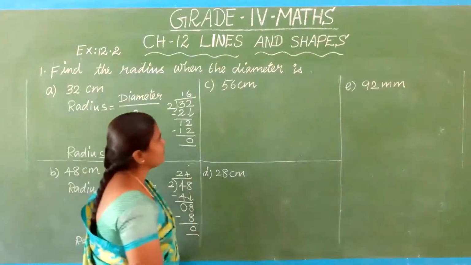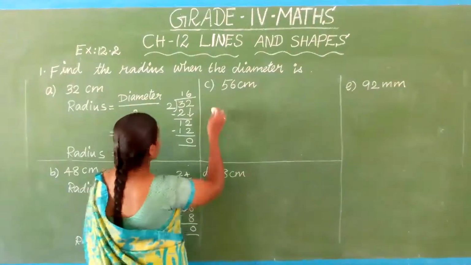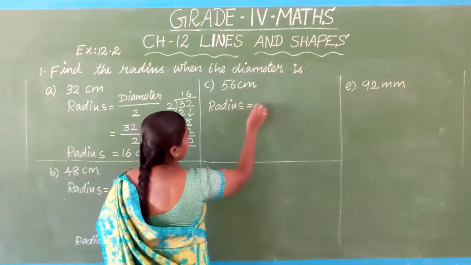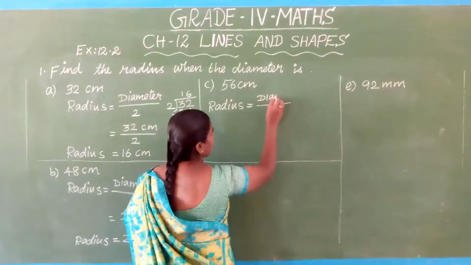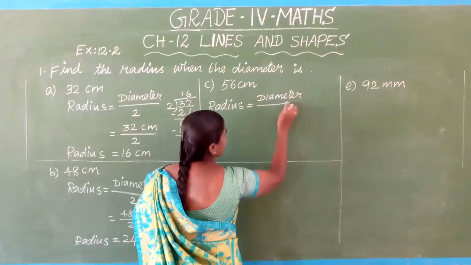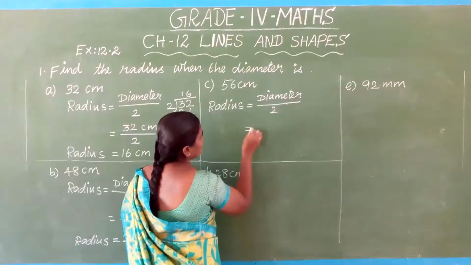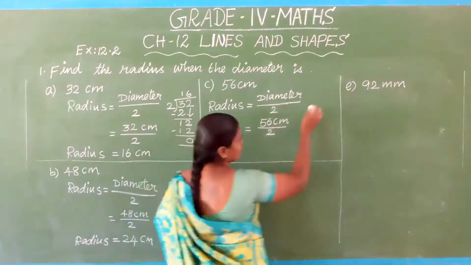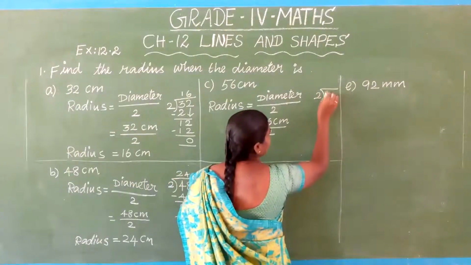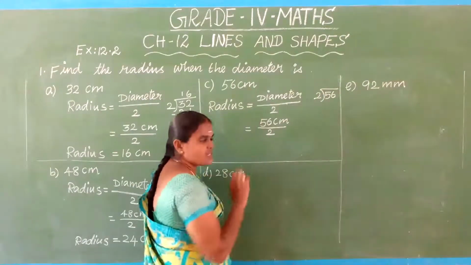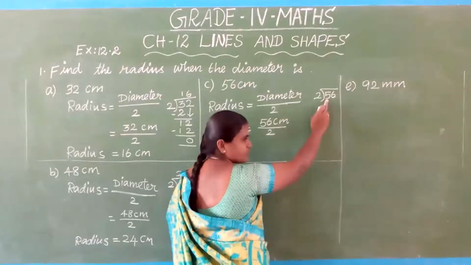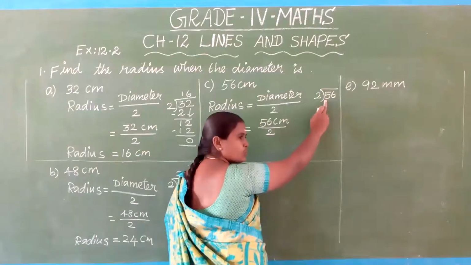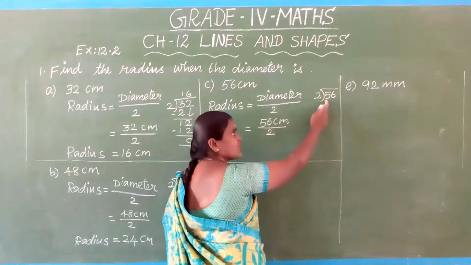Next is the question 56 centimeter. So radius is equal to diameter by 2. So diameter 56 centimeter by 2. Now division. So divisor is 1 digit number. So you also take 1 digit in the dividend. Now 5. How many times? 2 1s are 2, 2 2s are 4, 2 3s are 6. 6 is greater number.